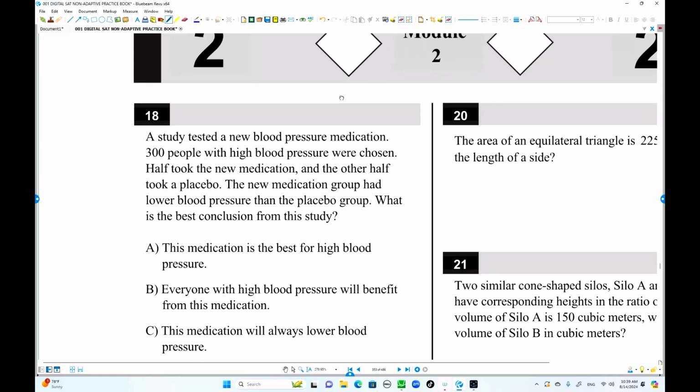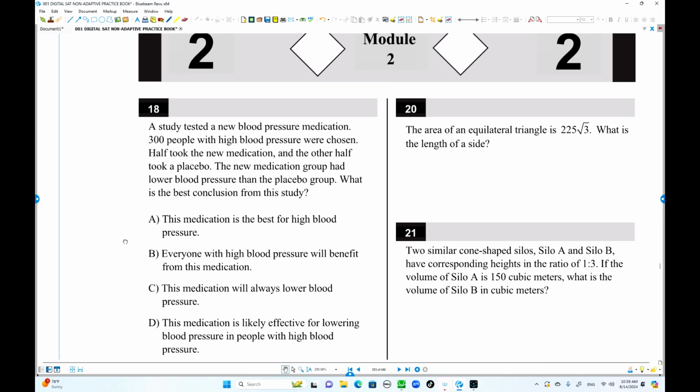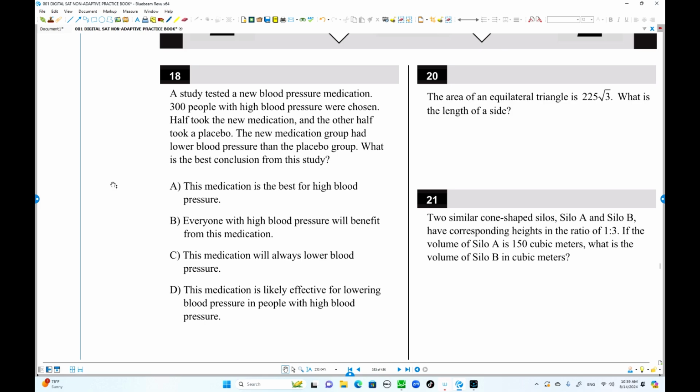Here we go, number 18. Yeah, that is about the sample, right? The relation between sample and population. This is statistics. The result we got from the sample is not exactly the same number, right, on the basis of the population.